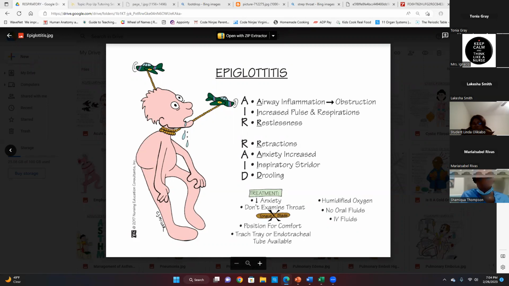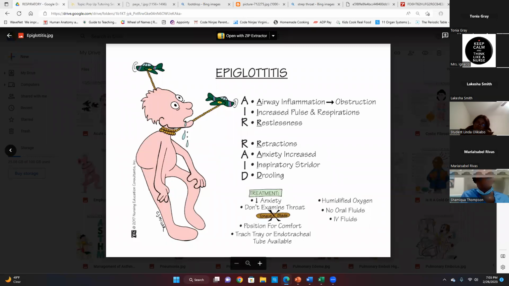Yes, very good. Okay, and so it's thick and it's purulent. It's pretty nasty. Okay, so if your patient has empyema, what's going on? An infection? Yes, it is an infection.